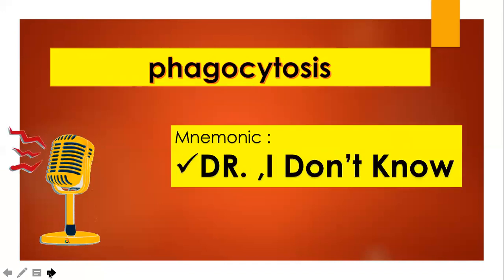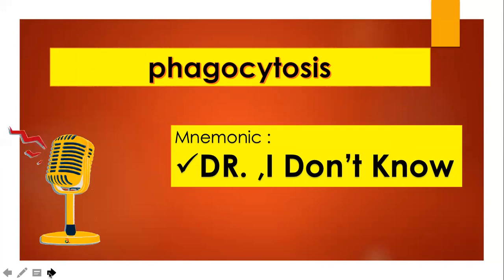And just a mnemonic for phagocytosis, since we are talking more about the phagocytic function of these cells: for the process of phagocytosis, what comes first? So you need to remember the mnemonic, Doctor, I don't know.